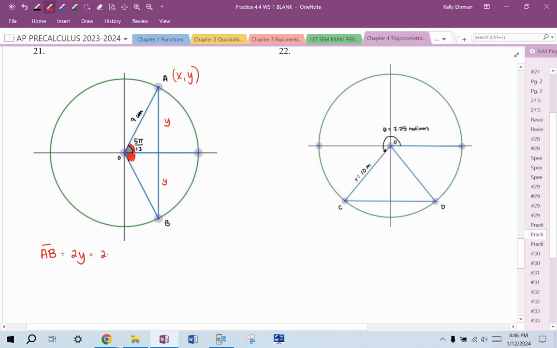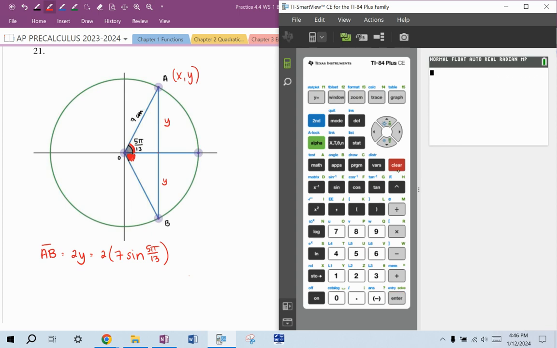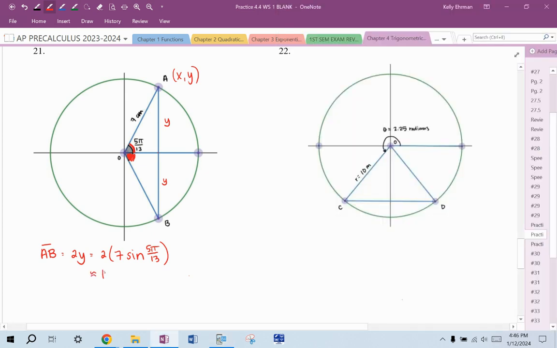And I know from today's notes that y is equal to r, which is 7, times the sine of theta, which is 5 pi over 13. Because that's not a common angle, we'll use our calculator for that. So 2 times 7 times the sine of 5 pi over 13 is about 13.090.